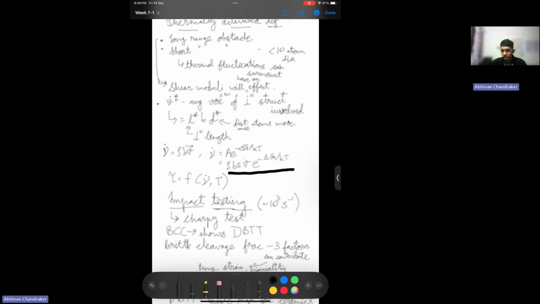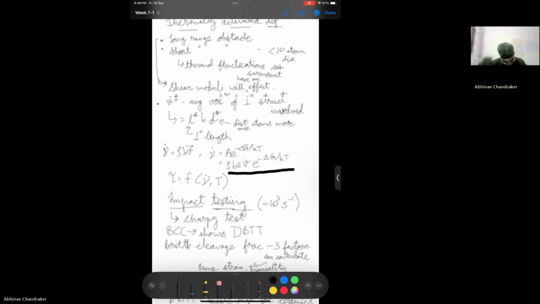This is what we call the Arrhenius equation. It is because of the stochastic nature of diffusion. So due to that, you have to use this Arrhenius equation whenever diffusion is involved.